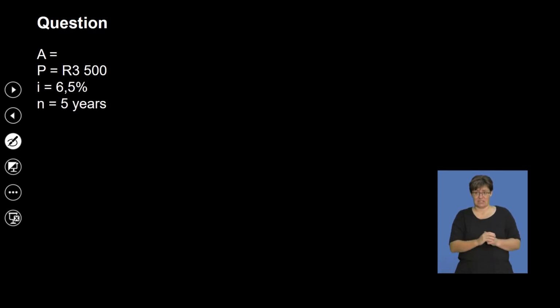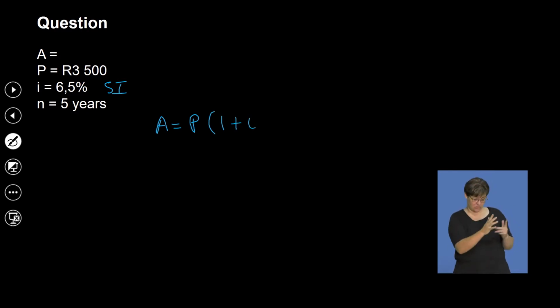That's what Jenna started with, her investment. The interest is at 6.5% per annum, and this is on a simple interest. I will just say SI there. And the number of years is 5 years. Now, you always need to start with also your formula after writing the data. 1 plus I multiplied by N.